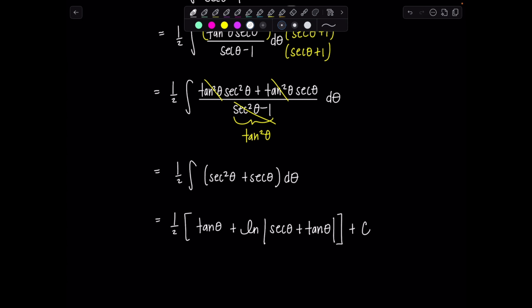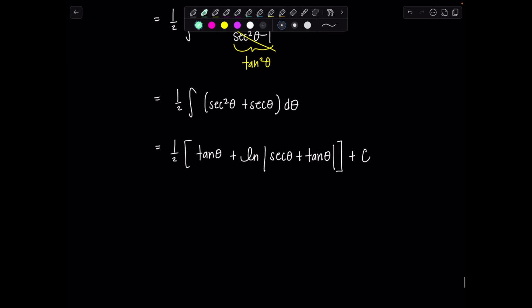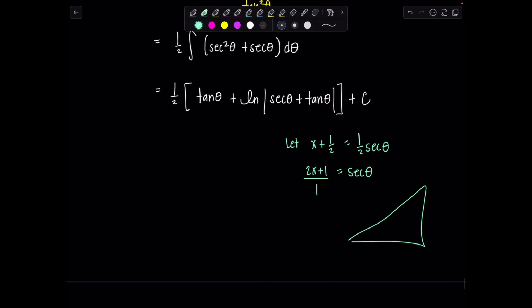Okay, now we have to get back to the original variable of the problem. So remember, we had made that substitution. We had let x plus 1/2 be 1/2 secant theta. So it is triangle time. I'm going to multiply through by 2. Then you have 2x plus 1 is secant theta. So think of this as 2x plus 1 over 1 is secant theta. Let me draw a triangle where that's an accurate representation of the ratio for theta.